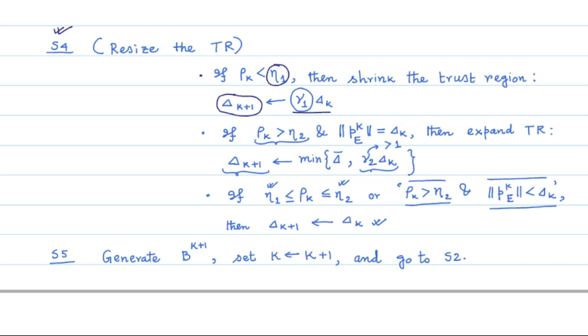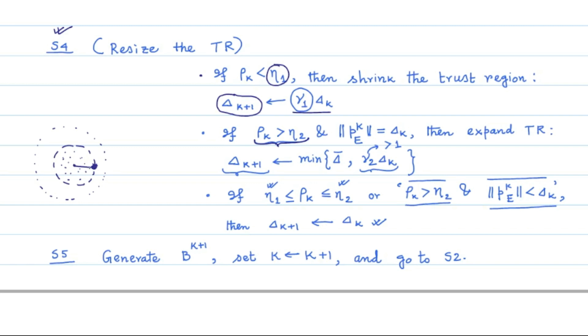If, however, the reduction ratio is bigger than the happy threshold eta 2 and the step pk is lying on the boundary of the trust region, then we may feel that if we had taken a bigger trust region, this trust region step might have been lying in that bigger region.